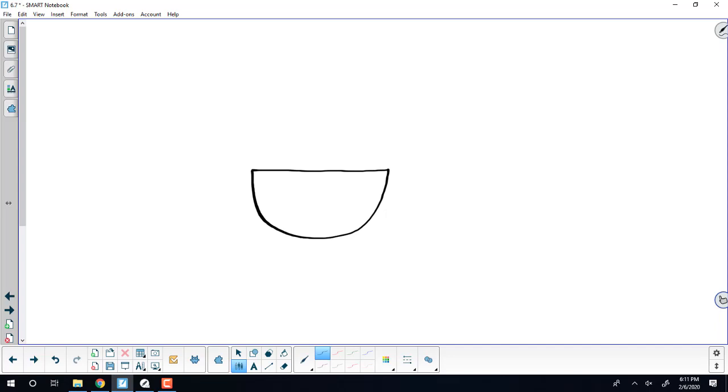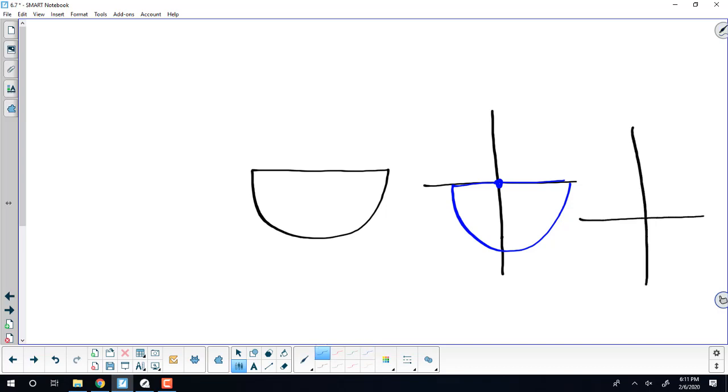For something like this, I think intuitively there's maybe two main ways we would look at that. Maybe it's situated here with its center at the origin, or something like this where it's above the axis.